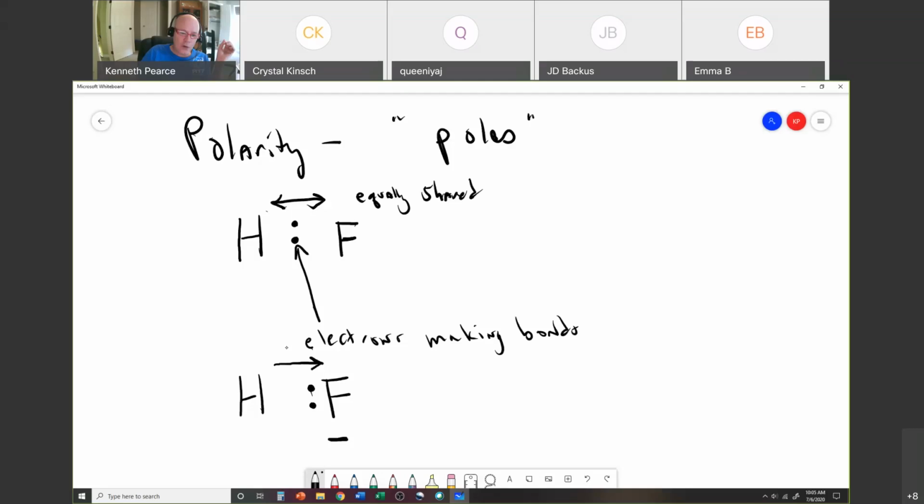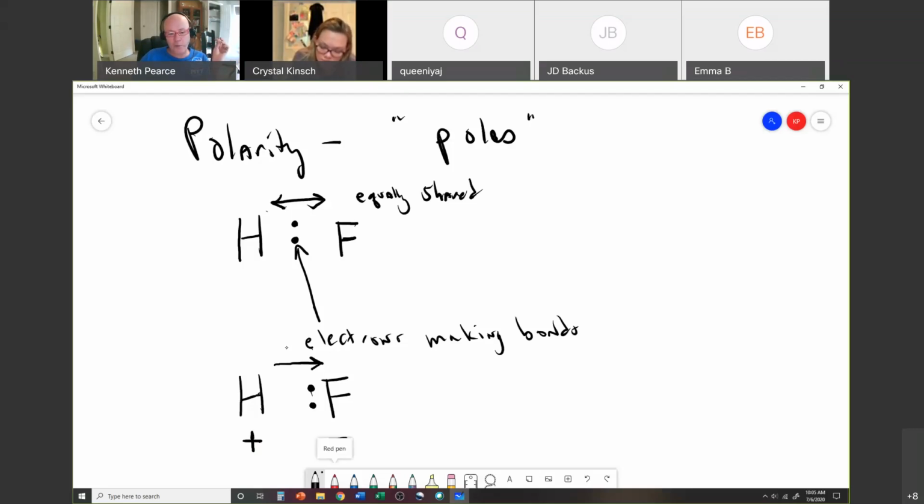And if the electrons are spending less time on the hydrogen, then this end will be slightly positive, because now you don't see the negative electrons on the hydrogen anymore. You can see more of the proton that's in the middle. So what are protons? Protons are positive, electrons are negative. And so the electrons are more towards the fluorine, so this end becomes more negative.